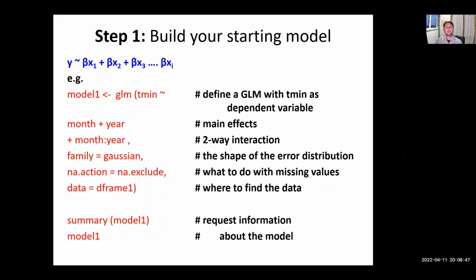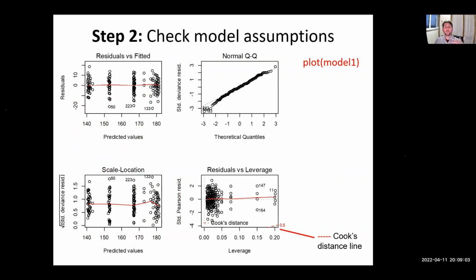So what we do here is we add it in with a colon in between. Notice we have the fixed effects, the main effects that we had earlier, month and year, and now we also have month colon year as our interaction. And so what we'll do is we'll go into R and model that in a second, and then we'll have a look at the model validation.